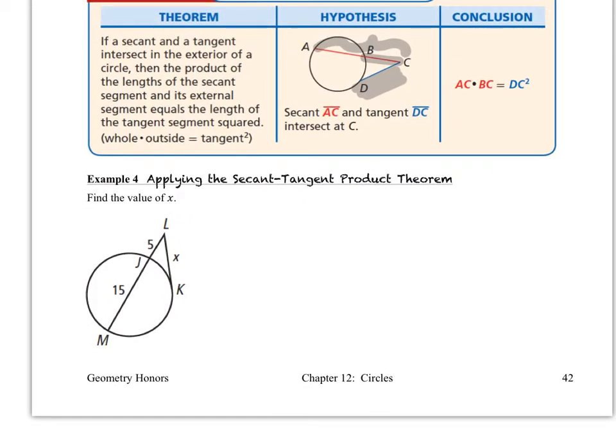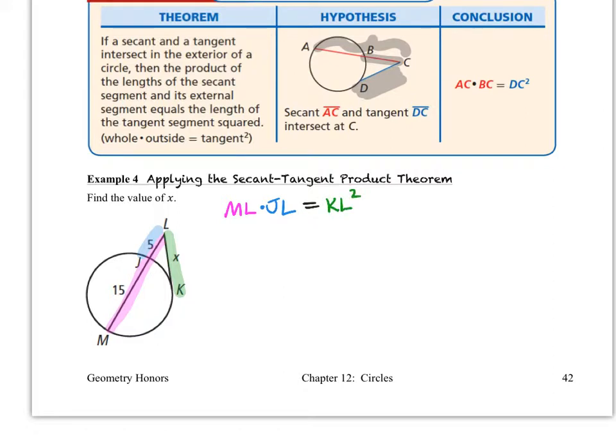And so you can see we have a secant-tangent type situation. Now, we know that ML times JL is going to be equal to KL squared. So let's set it up that way. And we'll go ahead and substitute in.